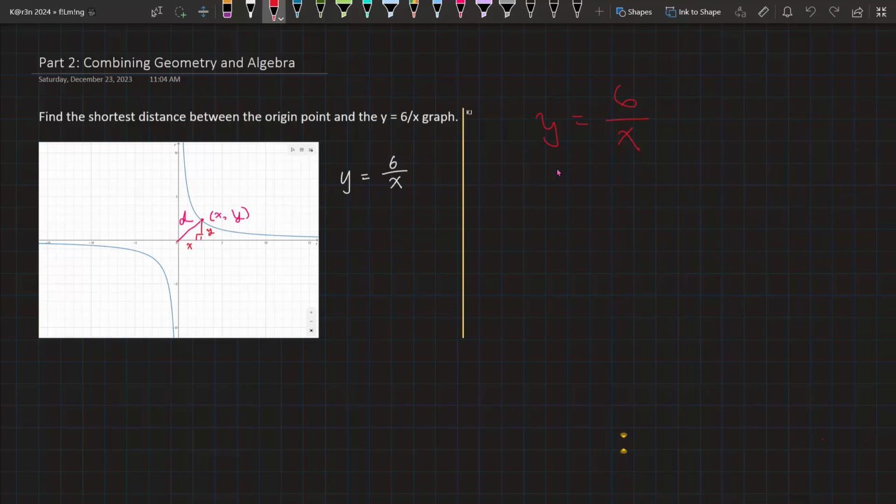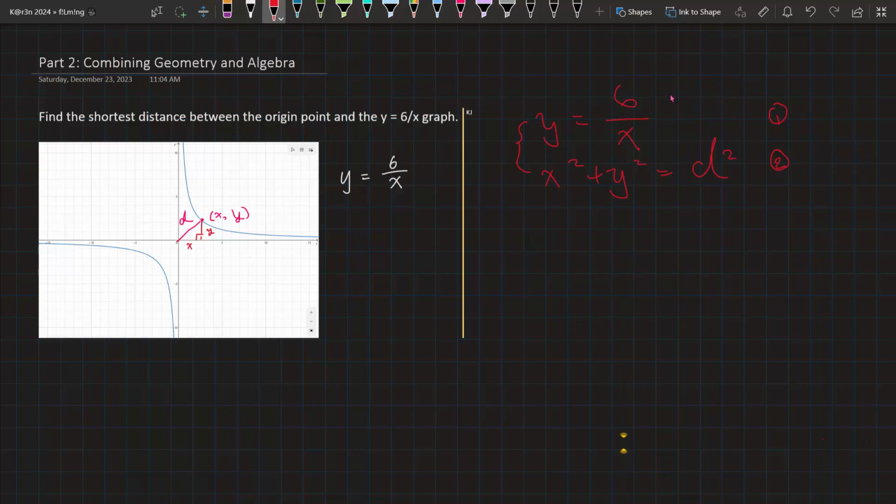We know that x squared plus y squared, x and y being the two legs of the right triangle, is equal to the hypotenuse squared, which in this case is d. So x squared plus y squared is equal to d squared. These two equations will make up our system of equations. We're trying to solve for d. We can set the first equation as number 1 and the second equation as number 2.